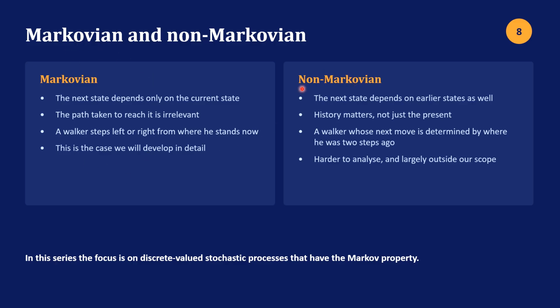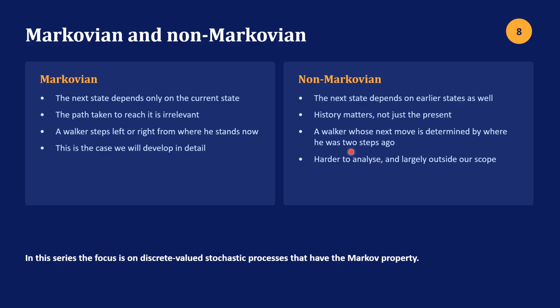Then, the non-Markovian case, of course, does not have this property. The next state depends on earlier states, so maybe several states going back into the past. History matters, not just the present. Going back to the random walk example, a walker whose next move is determined by where he was 2 steps ago or 3 steps ago would be non-Markovian.